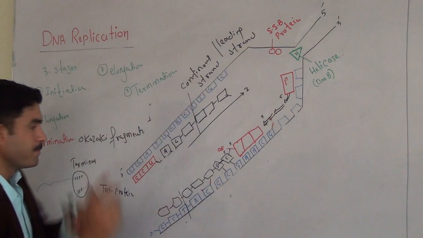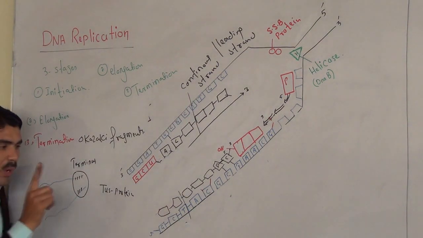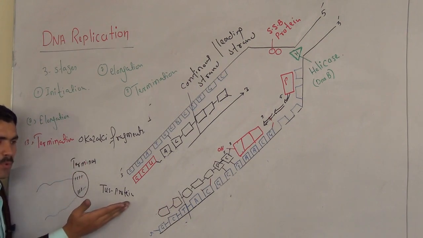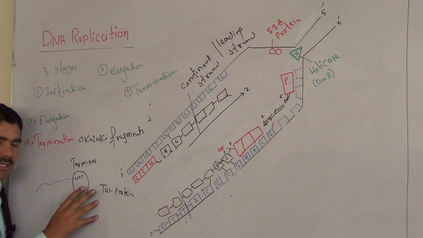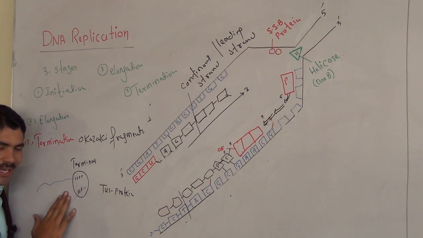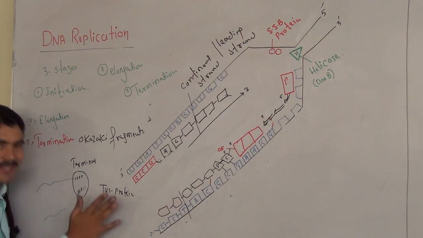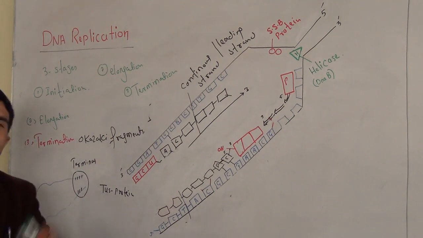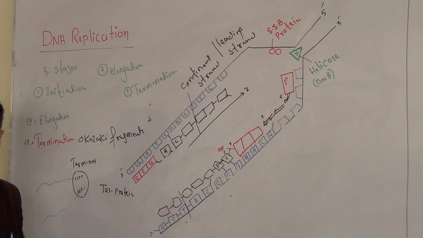So when the terminus region comes, and it is a specific sequence, a protein will be attached. Once the protein is attached here, the replication fork can't pass through that point, so it will stop here. So the whole process will be stopped here. The termination was so simple. That was so simple. Nothing was there.